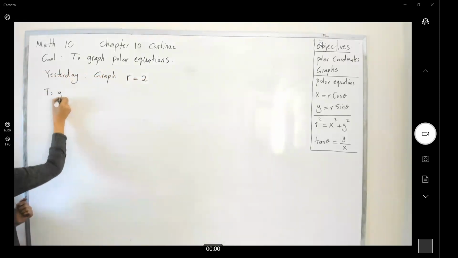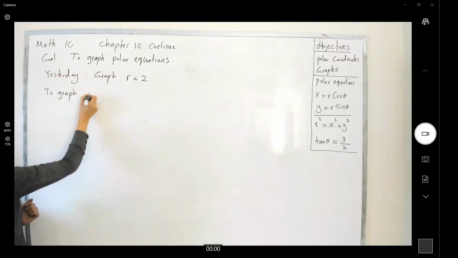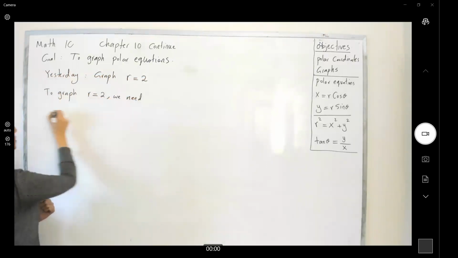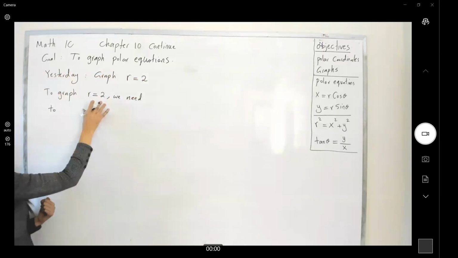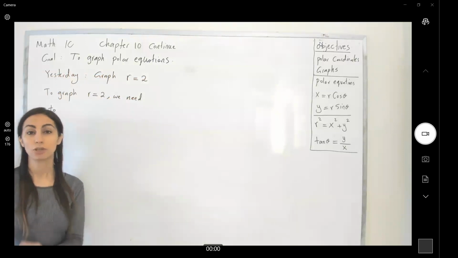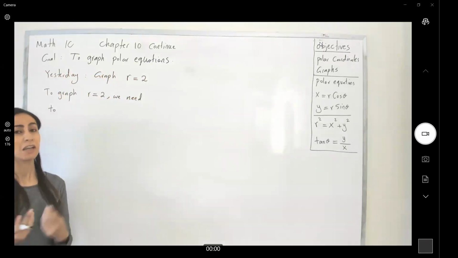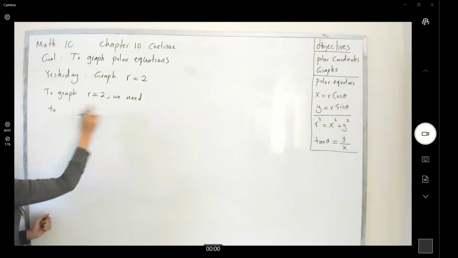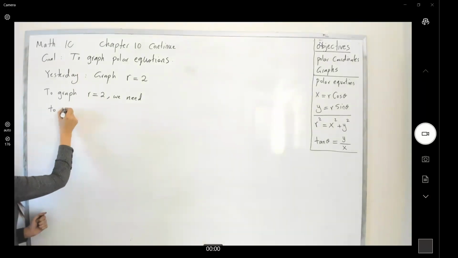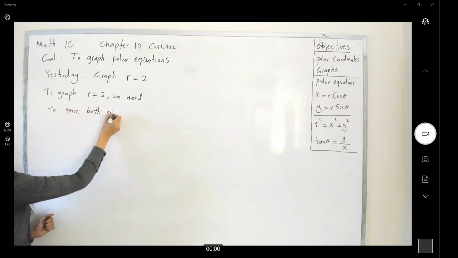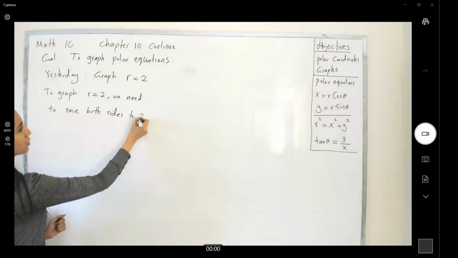To graph r equals 2, we need to rewrite this equation in terms of x and y, or eventually use a graphing calculator or a graphing website to graph this for us. We need to raise both sides to 2.